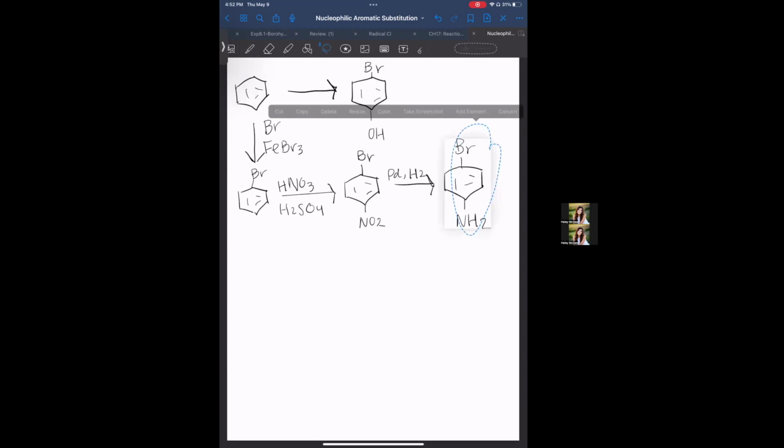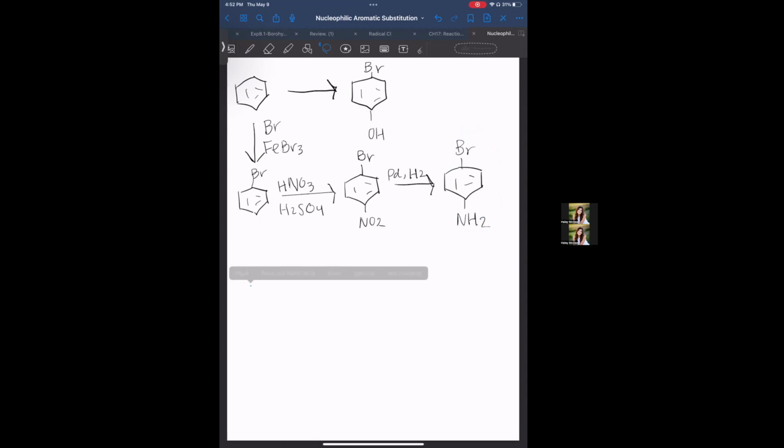So I'm just going to move this down here to make it a little bit more neat. So remember, the first step of our Sandmeyer reaction is converting this aniline right here into our diazonium salt. So we're going to do NaNO2 and HCl.